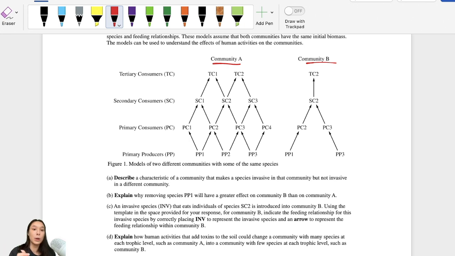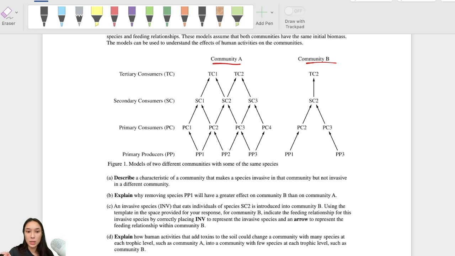Get really comfortable with invasive species, why they have such a harmful effect and certain things like that. So this is what this is asking. A characteristic of a community that makes a species invasive in that community, but not invasive in another. So what would make a community susceptible to an invasive species?